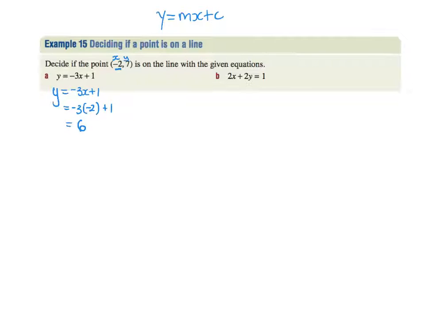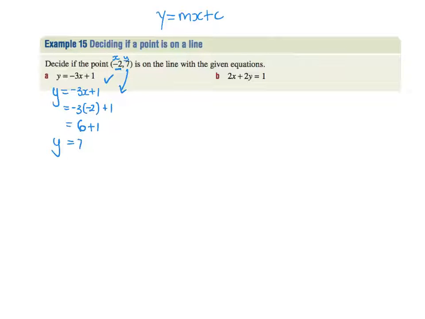A negative by a negative is a positive, plus 1. So that equals 7. So what it just told me, if x is -2, y is 7. Is that what the point says? Yeah. So that one, yes, that's true. This point does lie on that equation, that straight line.